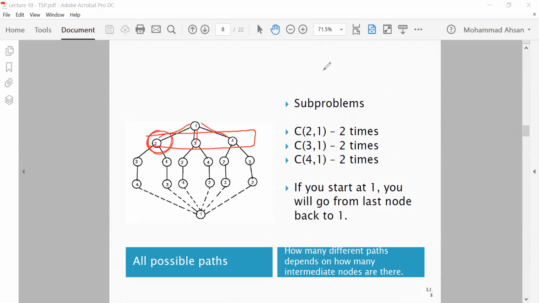The cost of this and the paths, we had already minimized, where this cost came from, whether it came from this one or it came from this one. So we have already found the minimum, and we use that minimum here and add it with the cost of the edge, and then we find what is the least cost.